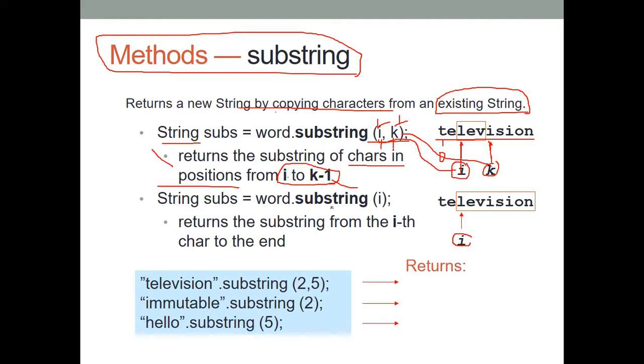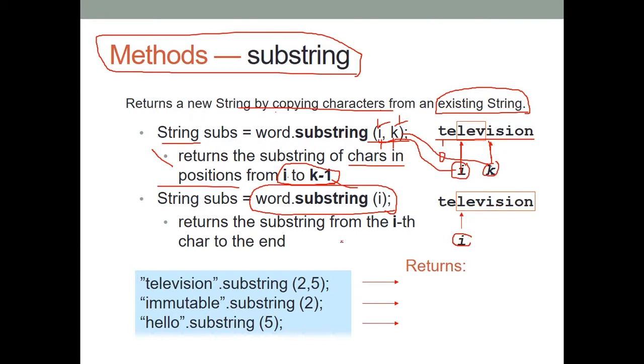For example, you have a one-parameter substring. I already told you substring is an overloaded method, having two parameters and also one parameter. So we can say this method is an overloaded method. It can accept two parameters, and it can accept one parameter also.